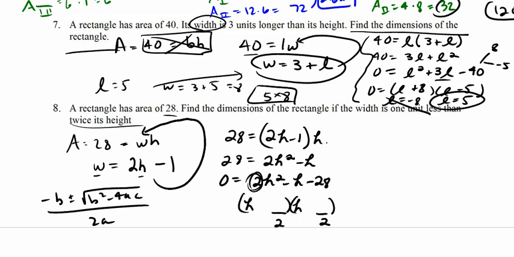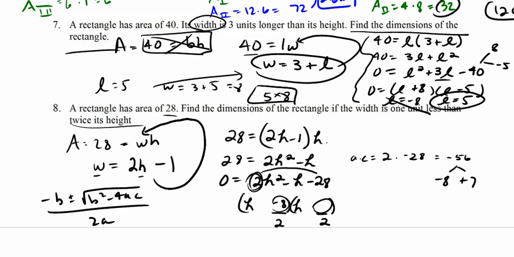Now we find the numbers that we need here and here by taking the A term times the C term. The A term times the C term, or 2 times negative 28, is negative 56. And 2 factors of negative 56 that add to negative 1, that add to the b term, are negative 8 and positive 7.